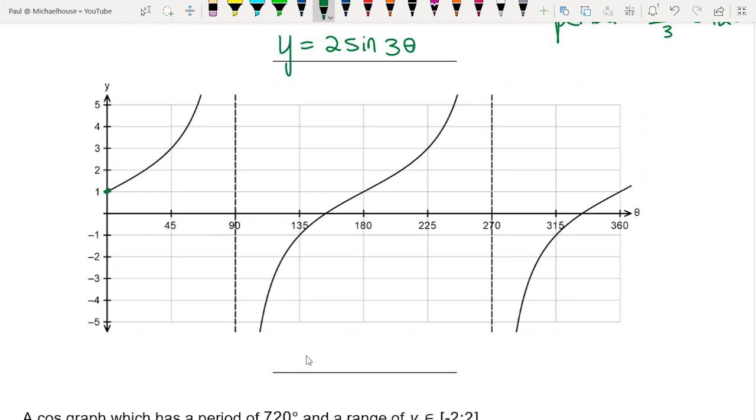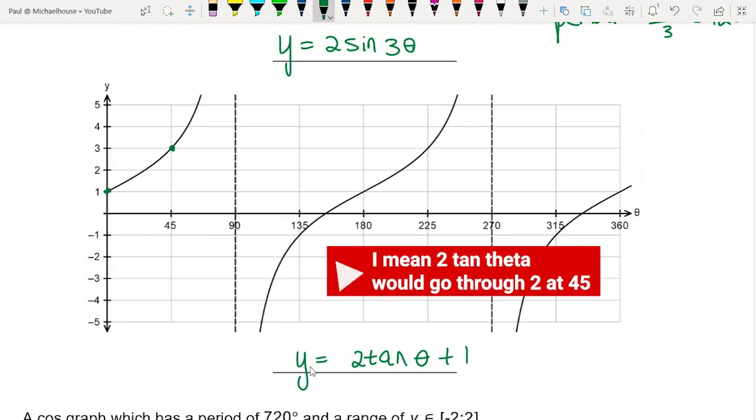So I'm looking at something like y equals 2 tan theta, and I'll explain why now, 2 tan theta plus 1. I'm being guided entirely by the position of this point over here, because tan theta plus 1 would go through 2 at 45. This is actually going through, it's being stretched up and then lifted.